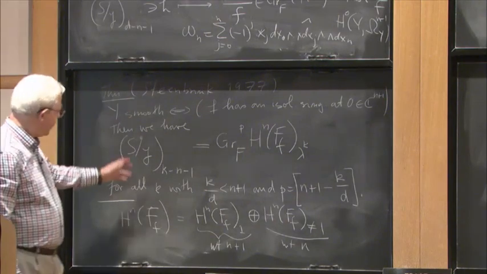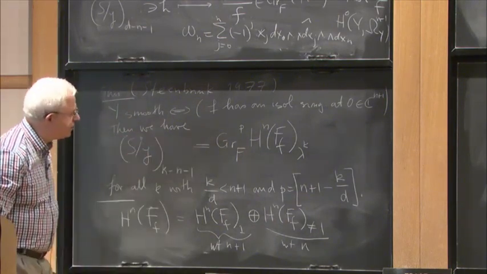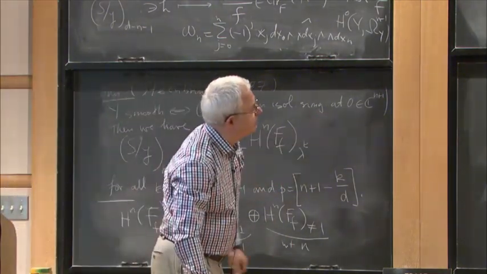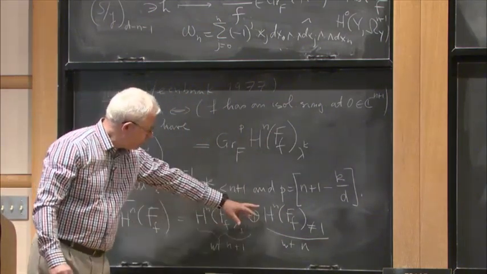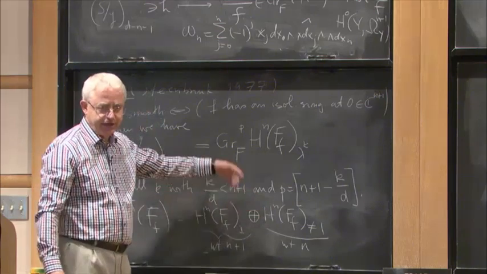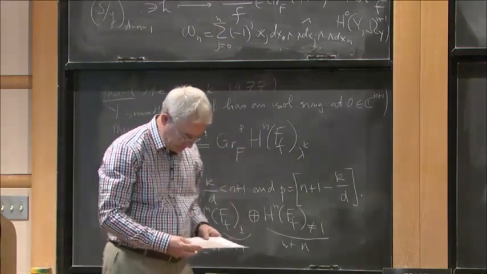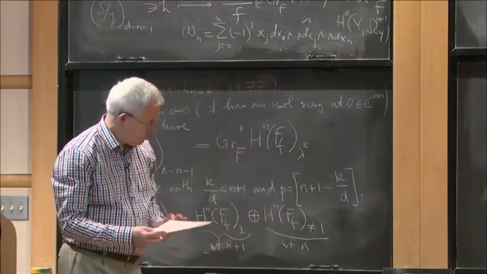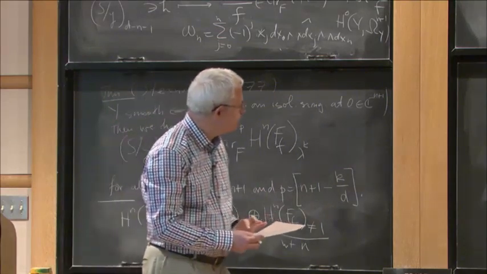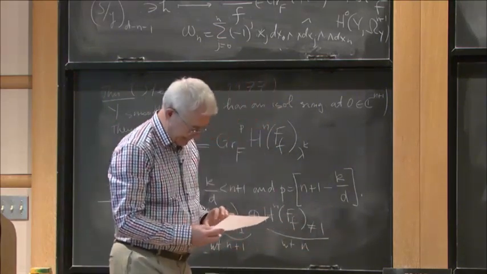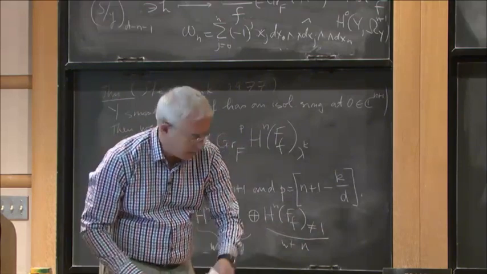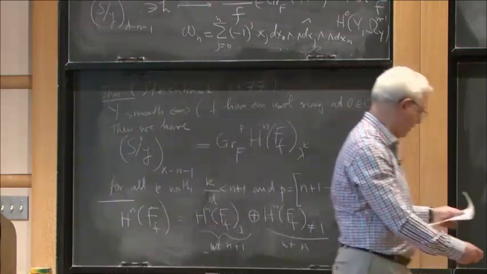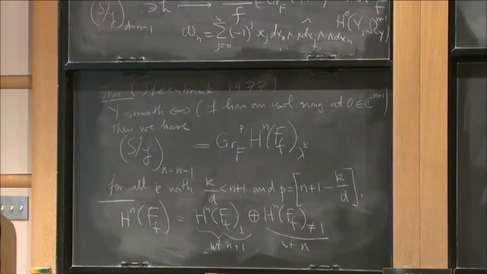And so, in fact, these formulas combined with the formula for the Hilbert polynomial give us a way to compute all the Hodge numbers in this situation. So again, we have some numerical consequences. Great.